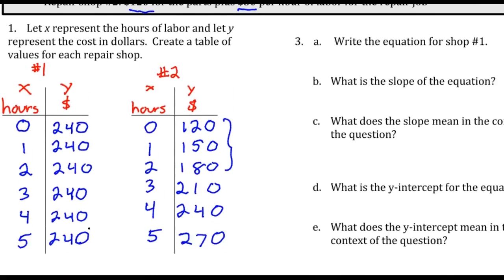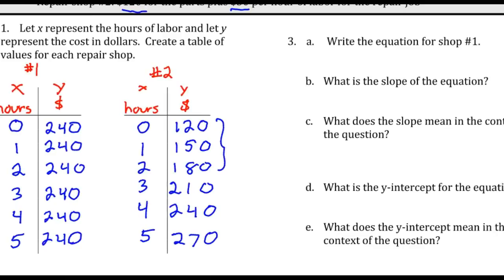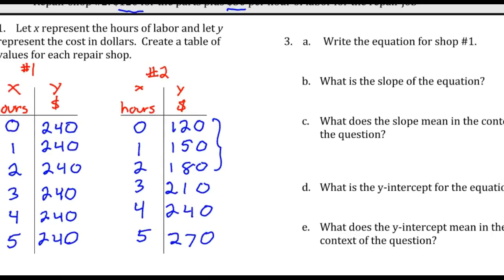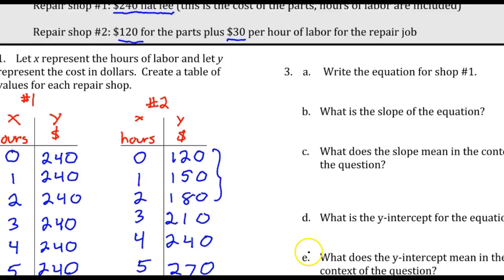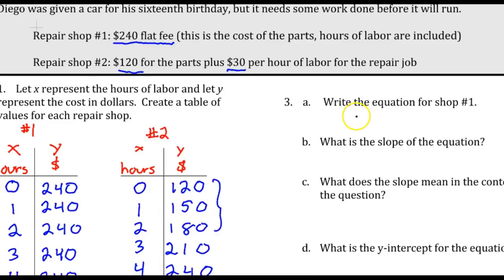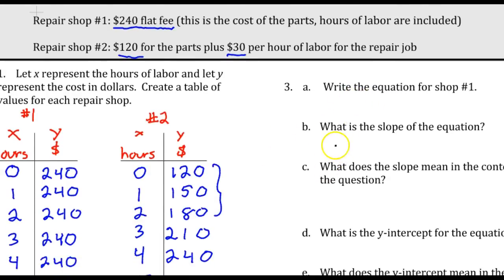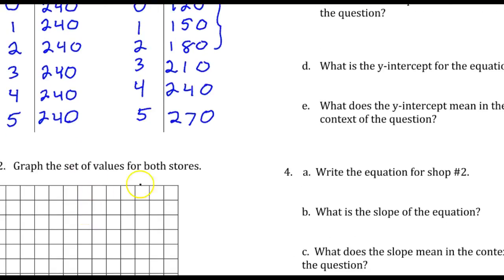And now, as mentioned, we could write these equations right now. We can write the slope, we can write the y-intercept. It was like number 1. We could write the slope to be 0 because we're not going up at all. Right here, we could write the slope as 30.